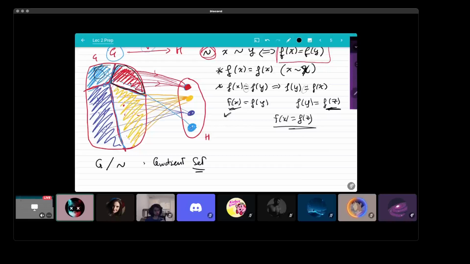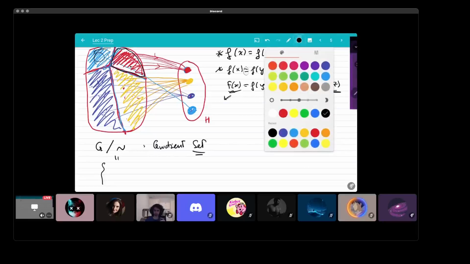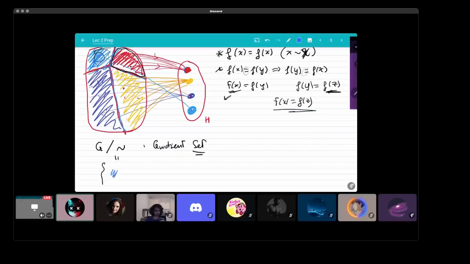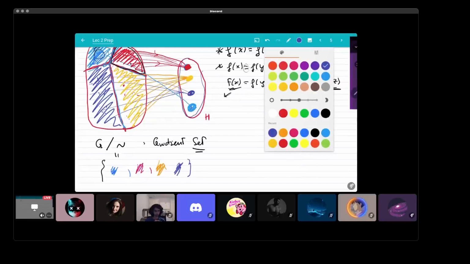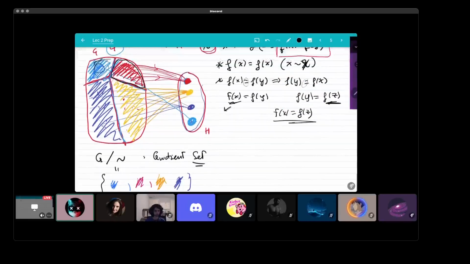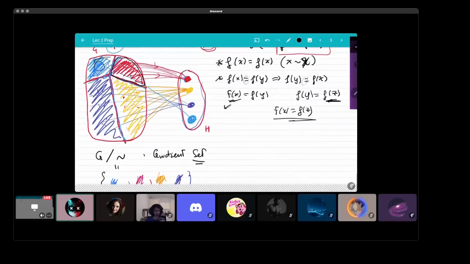It's not necessarily a group because we're not sure to have a law yet on this set, but this is the set of basically the blue part, the red part, the yellowish part, and the other blue. This is a set and it's bijective to H. So this is kind of the whole point of why group people use equivalence relations.